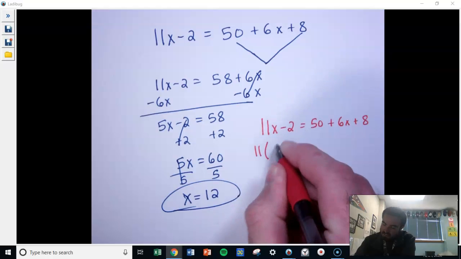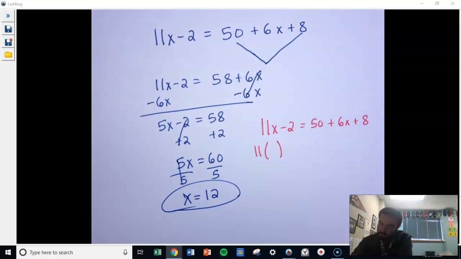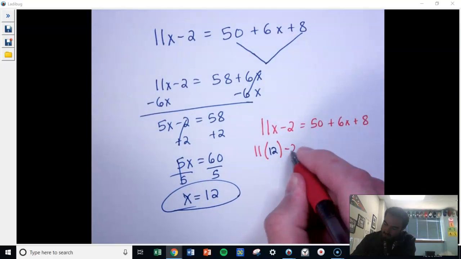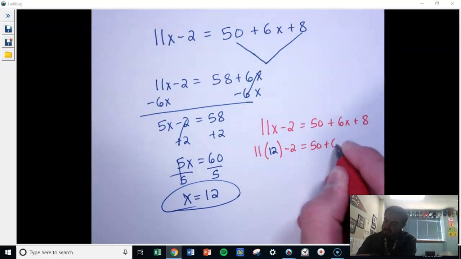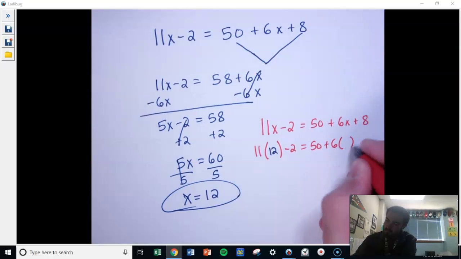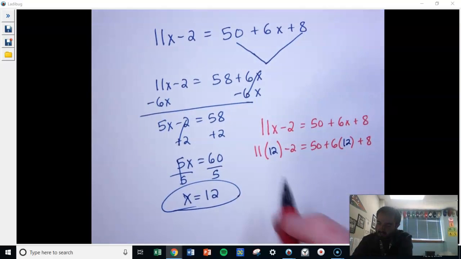So 11, instead of x, I could put what I got, 12, minus 2 equals 50 plus 6, plug in 12, plus 8. And then I would just see if they equal each other.